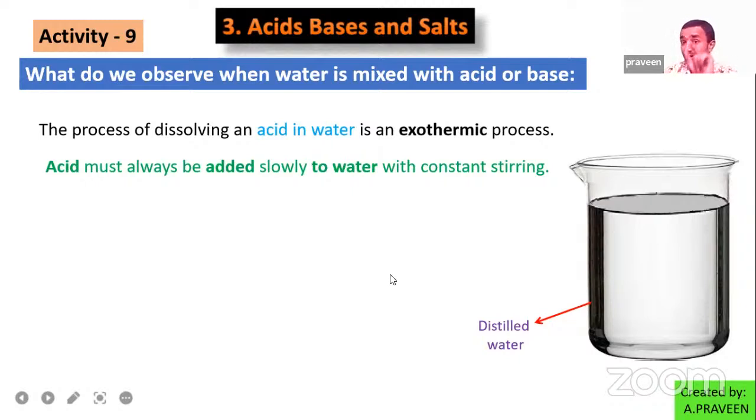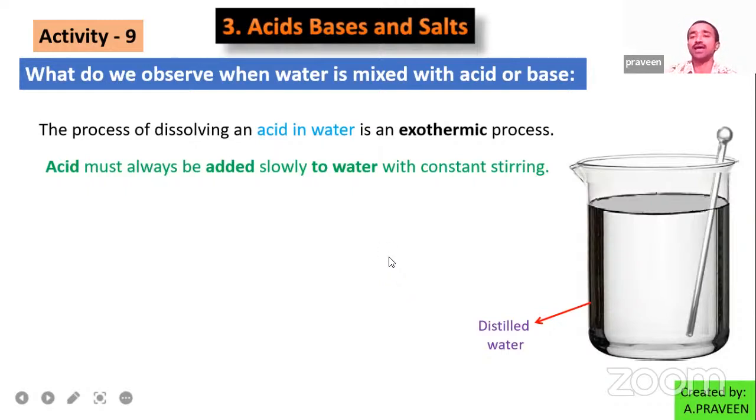Why, sir? We learned already in the lab activity that metal reacts with acid, producing salt and hydrogen gas. So to avoid that reaction, we take a glass rod and place it into the beaker.